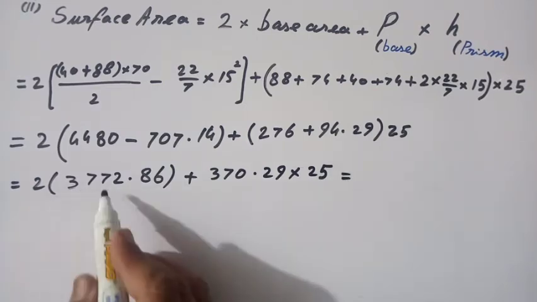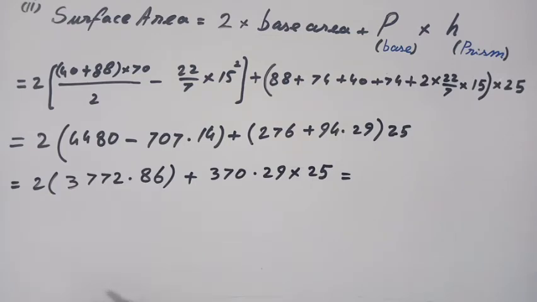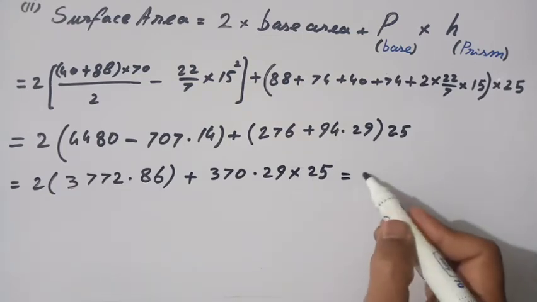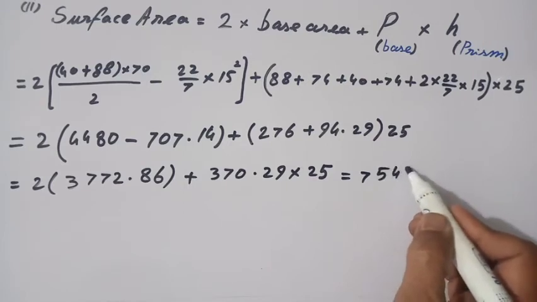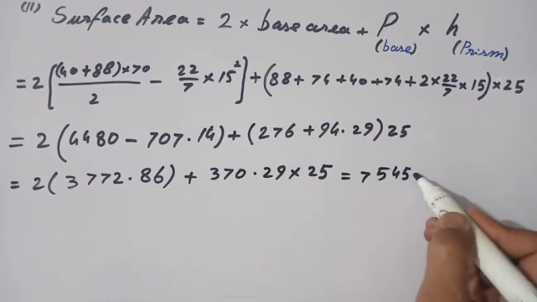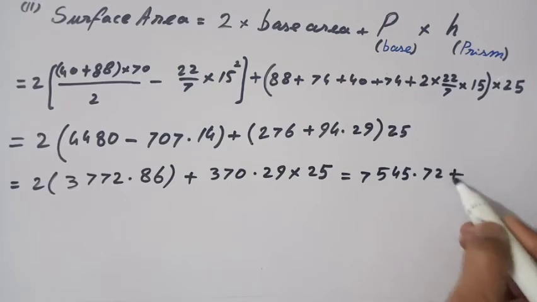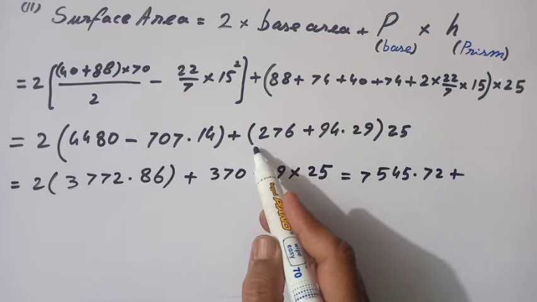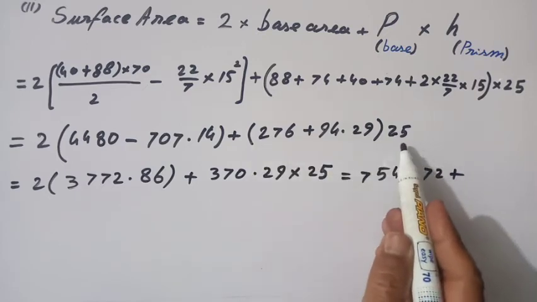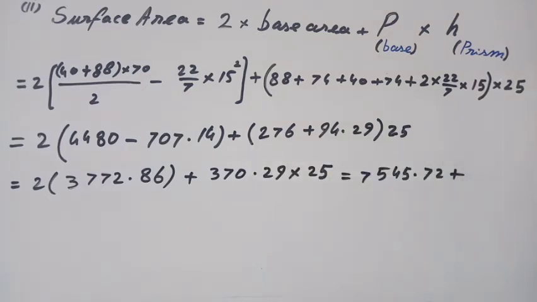Either double of base area becomes 7545.72 plus this product of perimeter and height of the prism becomes 9257.25.